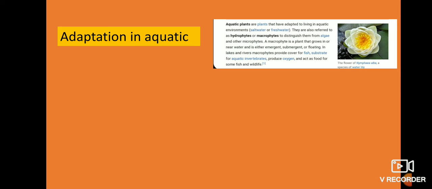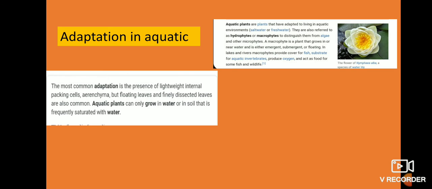Macrophytes provide cover for fish, sustenance for aquatic invertebrates, produce oxygen and act as food for some fishes. Next, the most common adaptation is the presence of a lightweight internal packing cell, aerenchyma, but floating leaves and finely dissected leaves are also common.